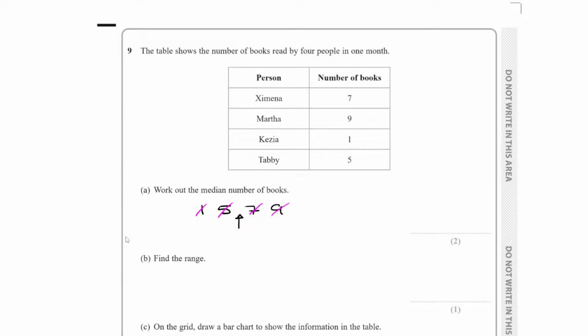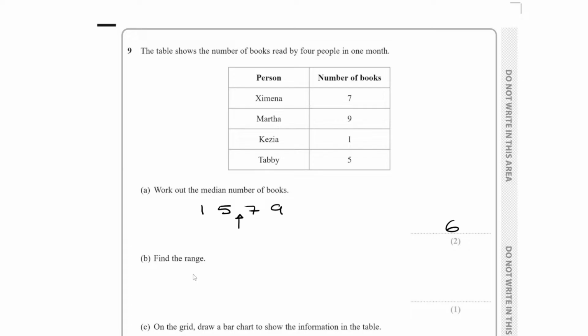There's nothing left, so it's obviously the middle that we need. So you just need to work out the middle between 5 and 7, which, if you think about the number line, it's 6, isn't it? So put them in order and then choose the middle number. If it was an odd number here, then you would just choose one of those numbers. If it's an even number, you have to choose halfway in the middle, literally.